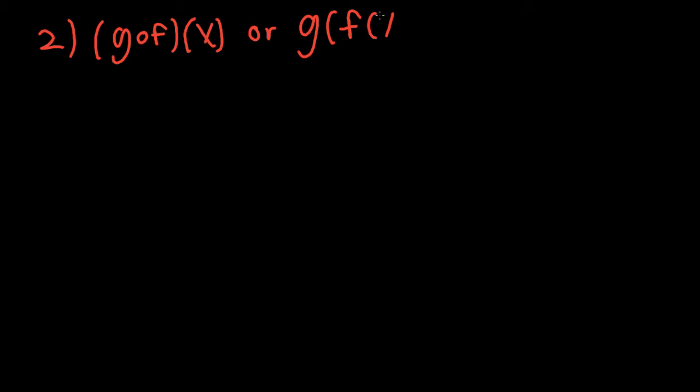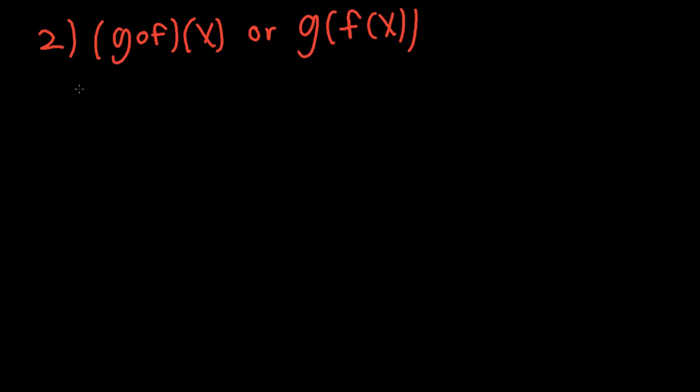Problem 2 is going to be find g of f of x, or simply another way of writing it is as follows: g of f of x. So I'll begin by writing my g function.